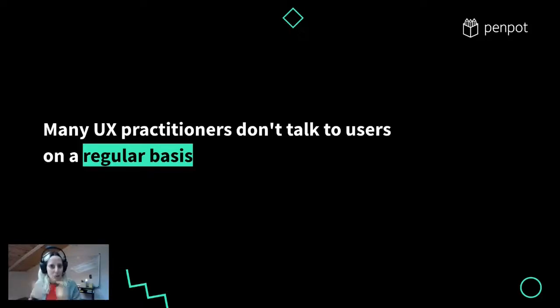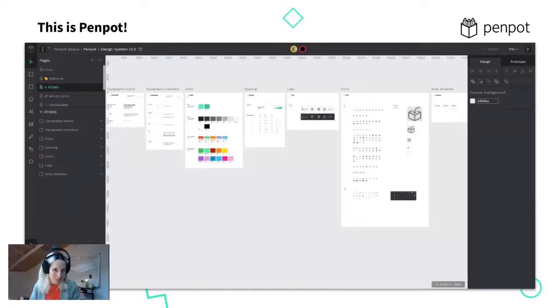But what is Penpot? This is Penpot. As you can see, Penpot is a design tool. It's the first open source design and prototyping platform meant for cross-domain teams. In this talk, we are going to talk about how we manage all the feedback we receive for Penpot.